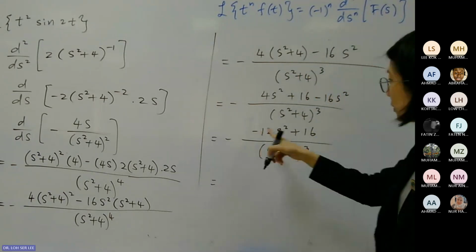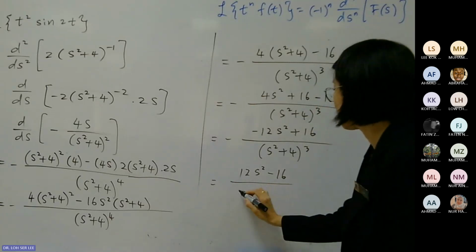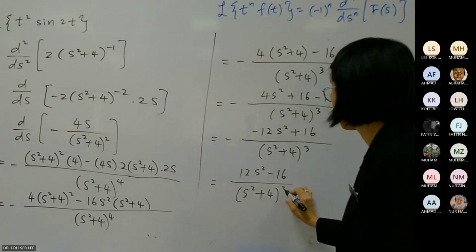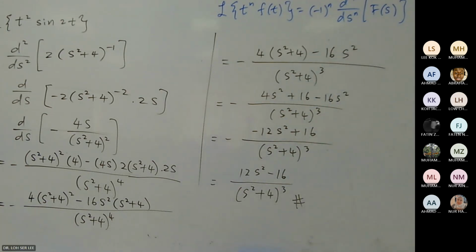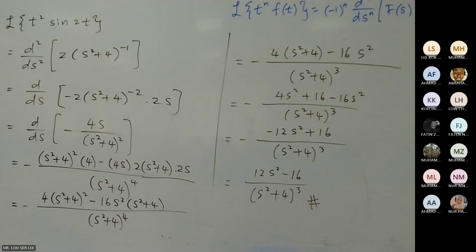We can combine the negative to the top so that we have 12s squared minus 16. Okay, any questions?